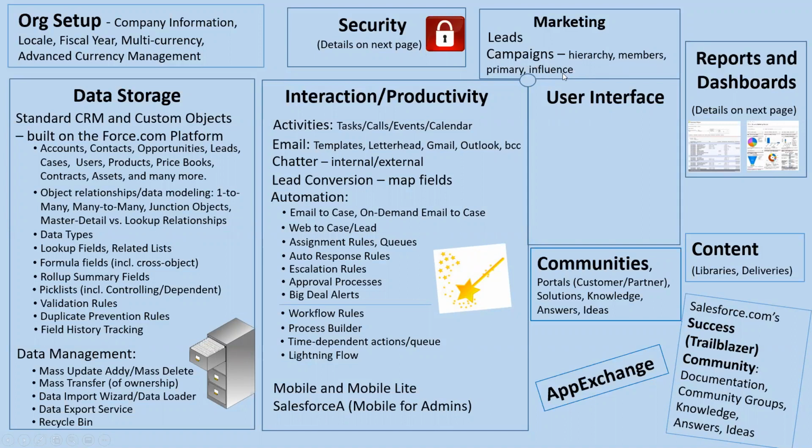And then any opportunities that close that were influenced by those campaigns, and you would have to indicate that the opportunity was influenced by the campaign. Or you could say that any opportunities that close within a certain time frame after the start of the campaign were presumably influenced by that campaign.